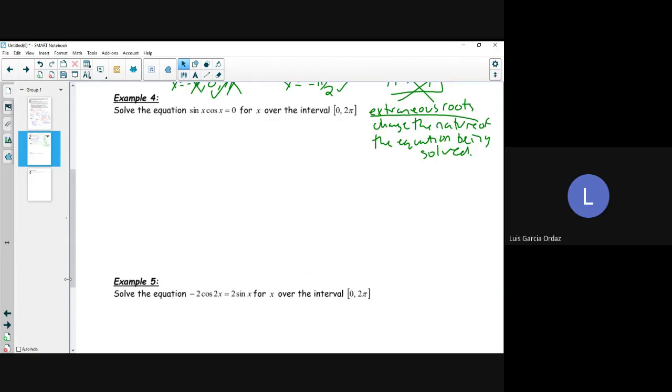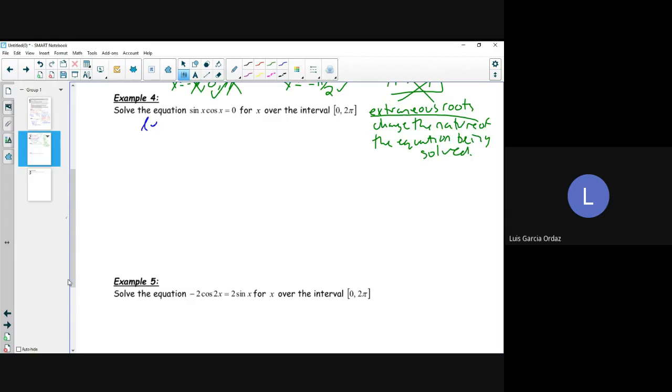So we want to solve the equation sine x times cos x is equal to 0 for x over the interval of 0 to 2 pi. Okay, so let's just basically treat this as a typical equation.